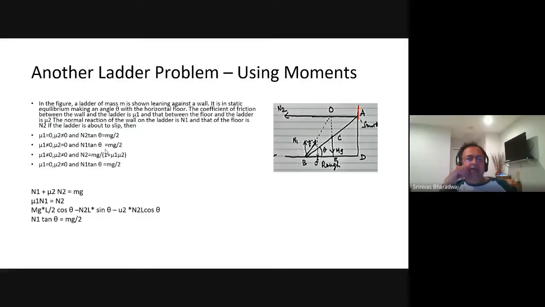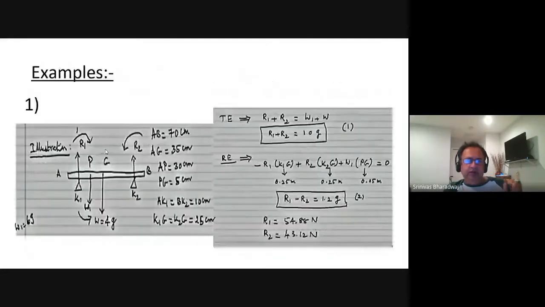If the ladder is about to slip, then what is true? If you take forces in the horizontal direction, N1 plus mu times N2, it is just about to slip, right? So notice the wording. In the previous case, it was not slipping.